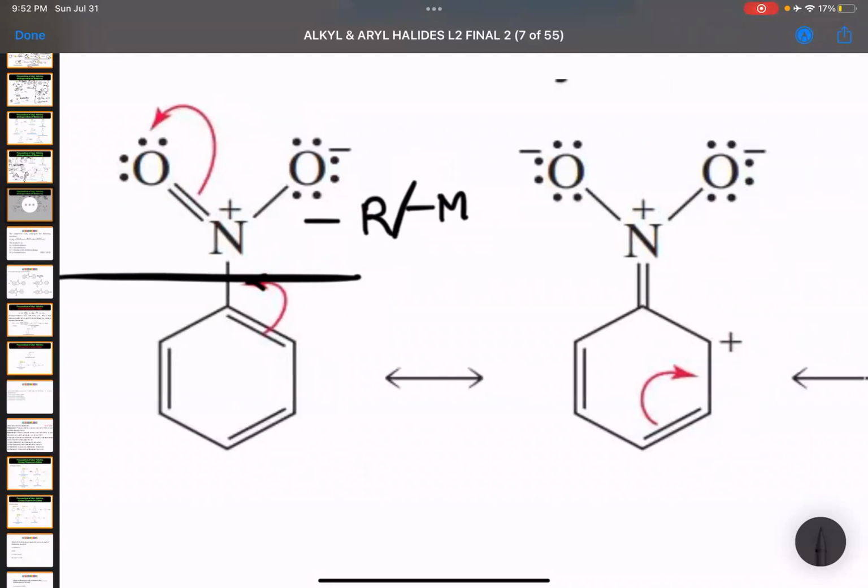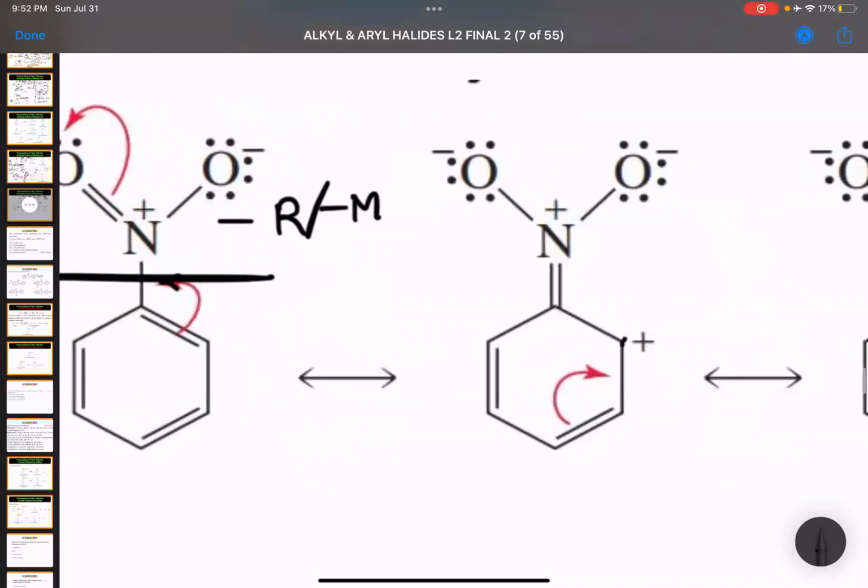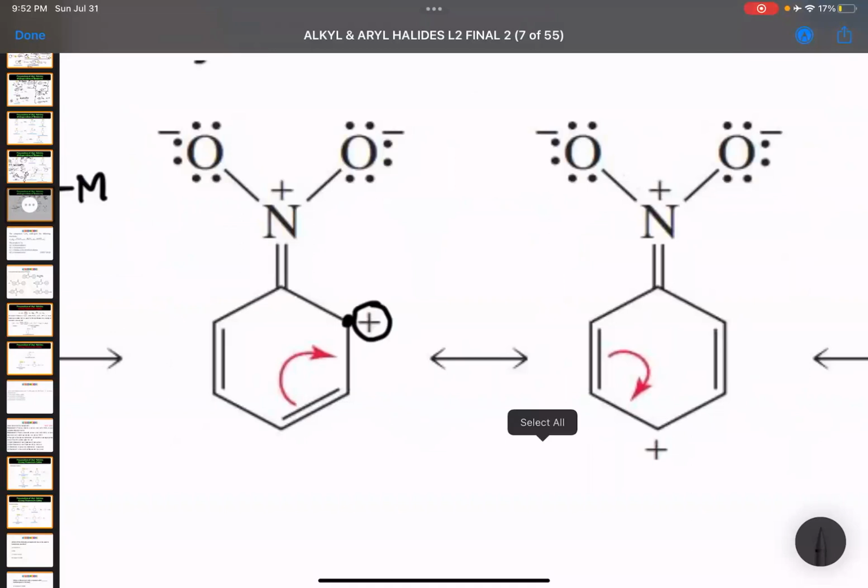You can see this carbon atom is devoid of electron density, so it will have a positive charge on it. This positive charge is not going to stay here, it is going to pull the electron density from a pi bond which is ahead of it in the ring. So this positive charge has pulled the electron density, and I have put an arrow to show you how it is happening.